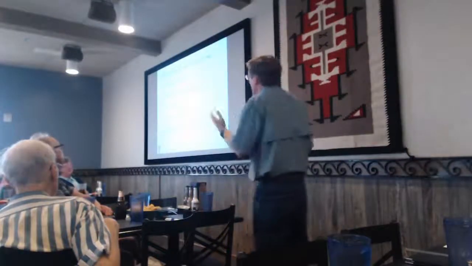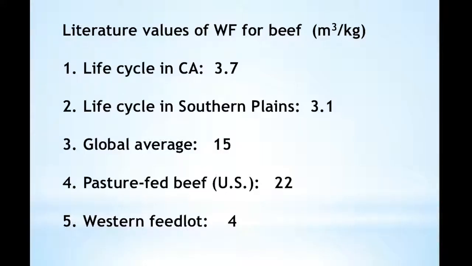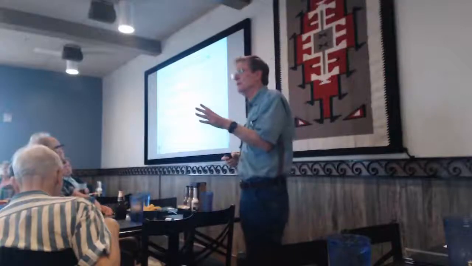Okay, here's the literature. I've really boiled it down. This first one's literature about water footprint for beef. There's not much out there. And no one really did an experiment like ours. Life cycles in California, 3.7 cubic meters per kilogram. But as Lisa found in showing the literature review, they left out a lot of stuff there.